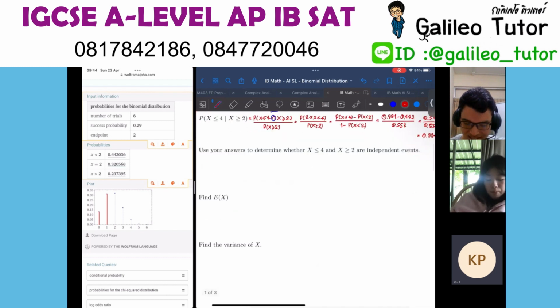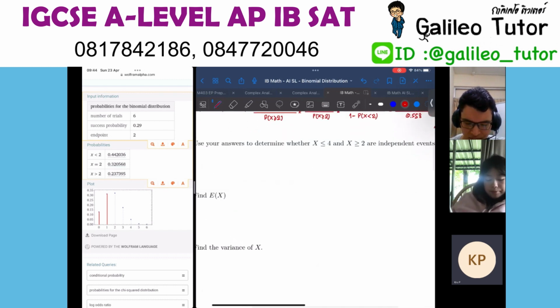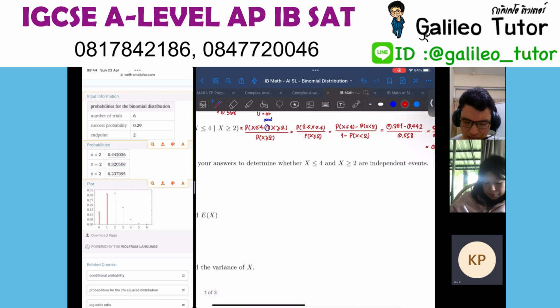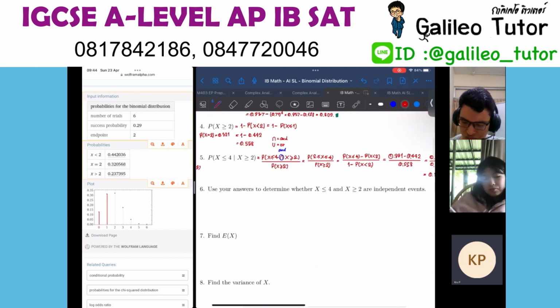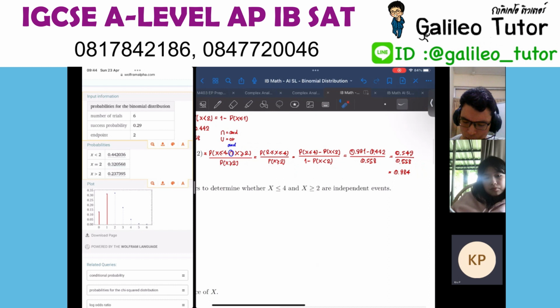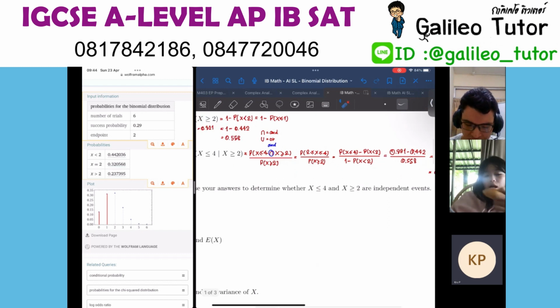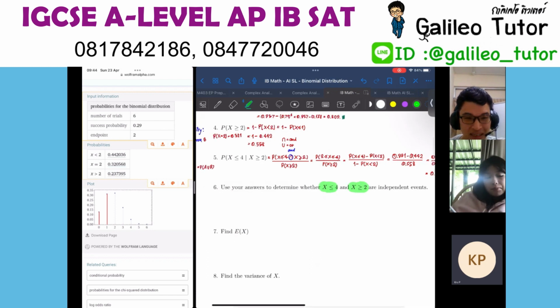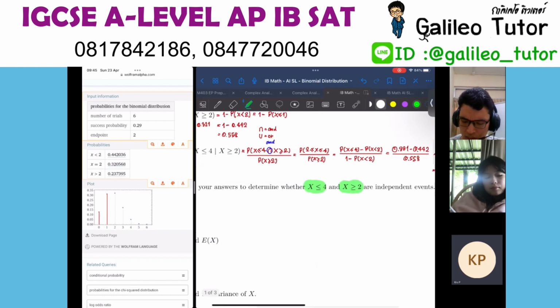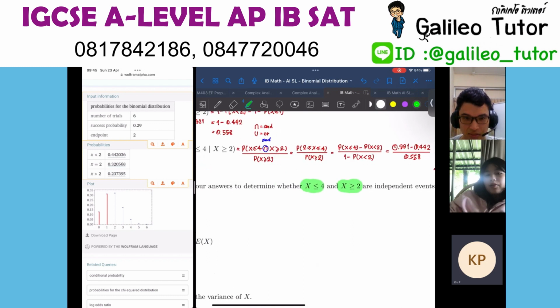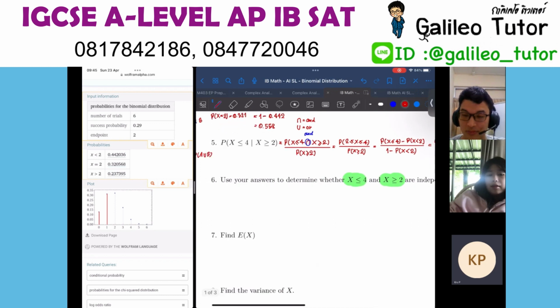Number 6. Okay, use your answer in number 5 to determine whether x less than or equal to 4 and x greater than or equal to 2 are independent events. So how can we do this? You need to use the independent event formula.